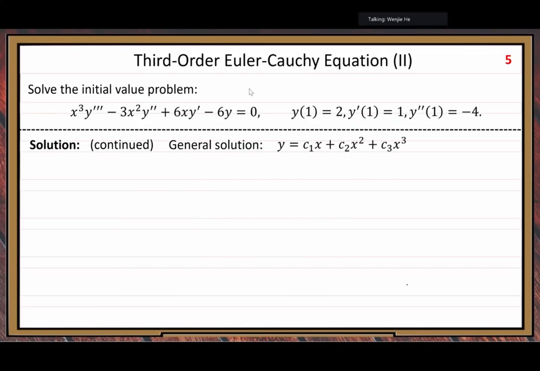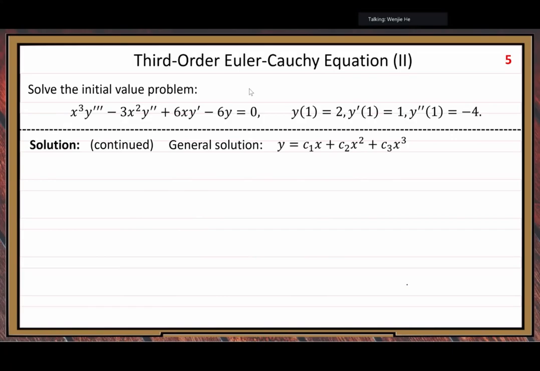Another important reason we require our three solutions to form a basis is that with a basis, using a linear combination of three basis functions, we can cover all the possible solutions of this equation. We won't miss any. If they do not form a basis, then you may miss some of the solutions. You cannot cover all of them. You will miss part of it.